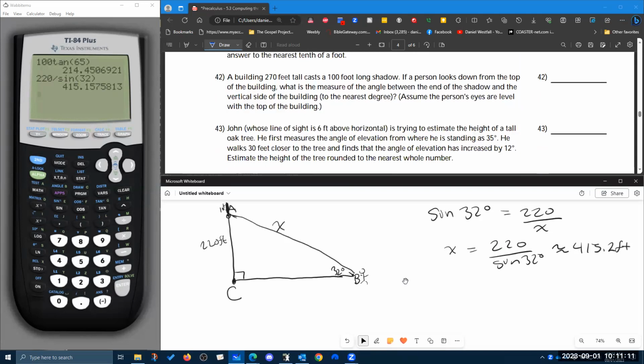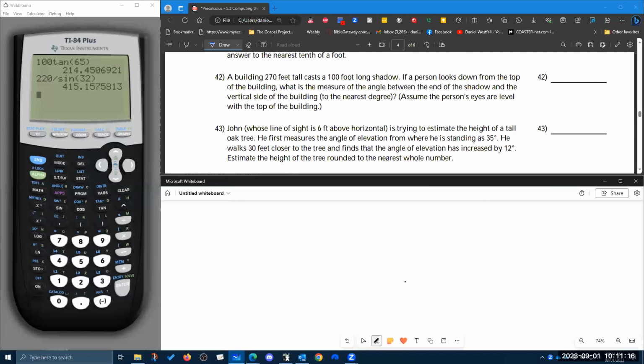A similar picture again: a building that is 270 feet tall casts a shadow that is 100 feet long. A person looks down from the top of the building, like so.